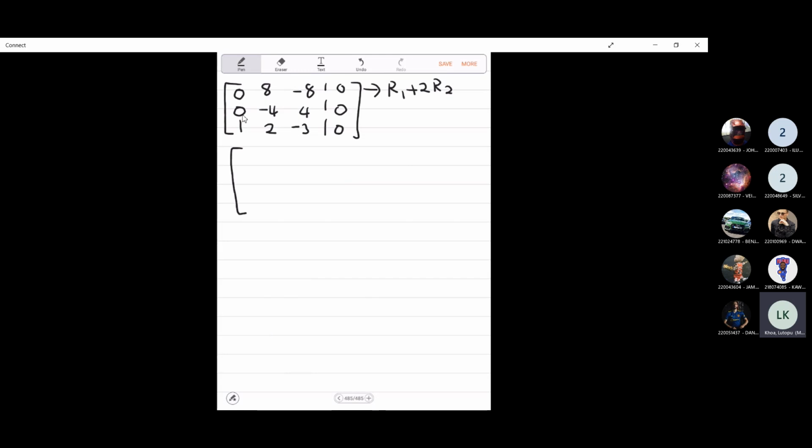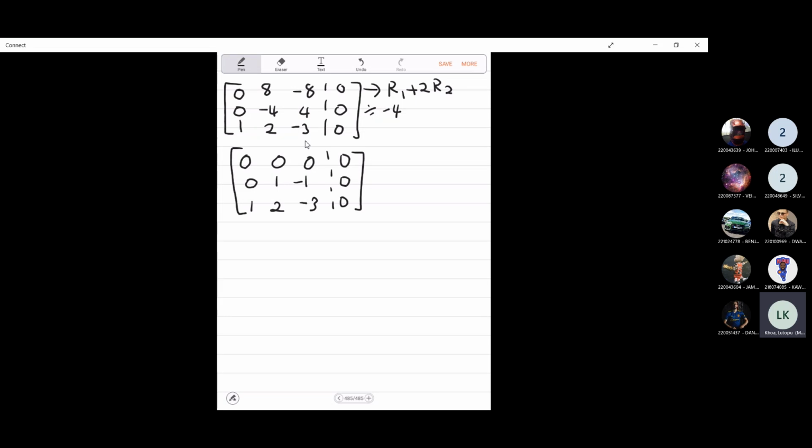Okay, so I have 0 plus 0, which is 0, and then 8 plus negative 8 is 0. Negative 8 plus 8, that is 0, and then this is 0. Then this one I can divide by negative 4, so I have 0, 1, minus 1, 0, and the last one I don't change at all.